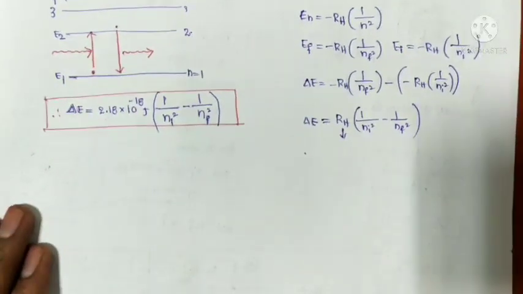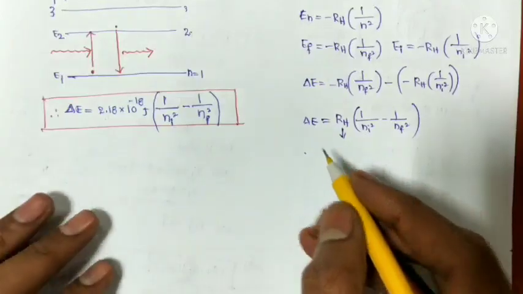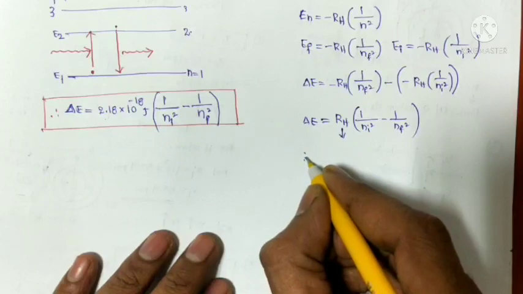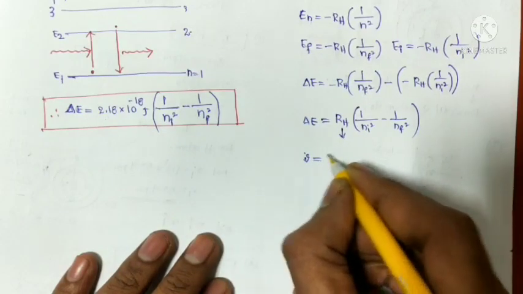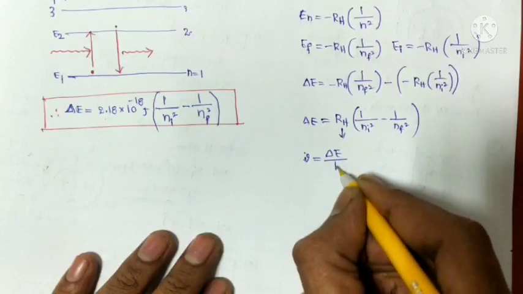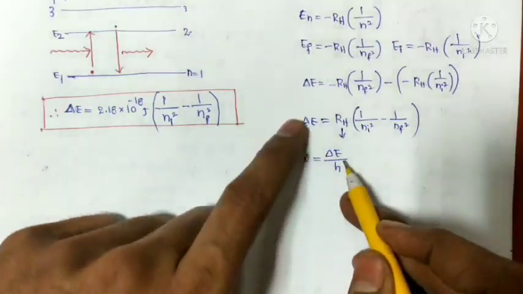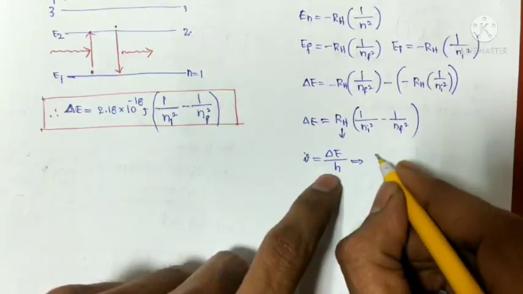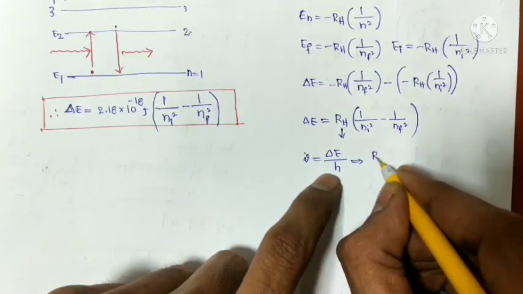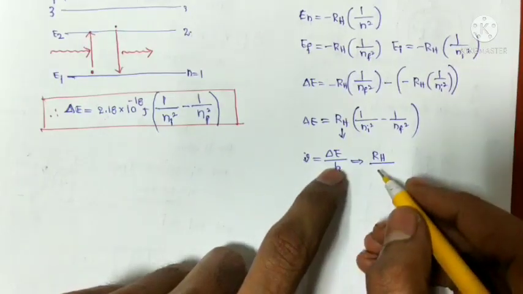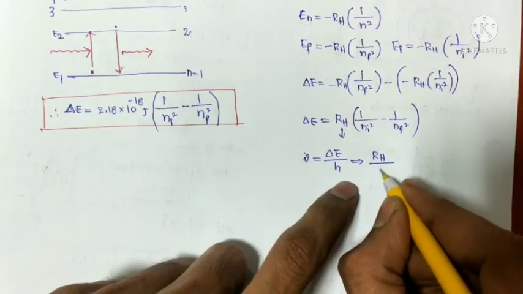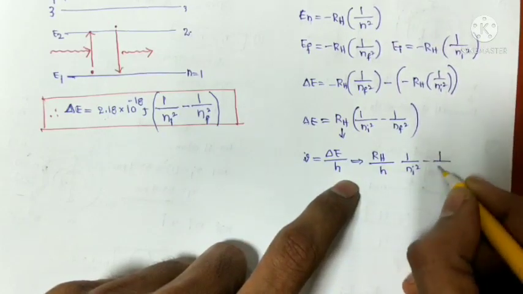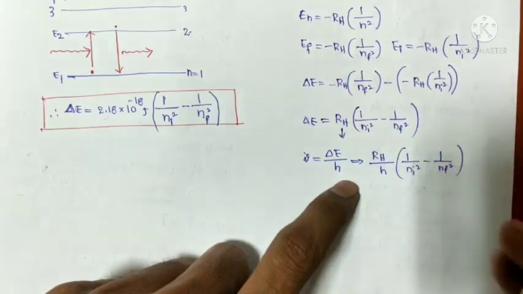Next, he derived the frequency of the radiation. From this equation we calculate the frequency of the radiation, nu equals delta E by h, where h is the Planck constant. Delta E already exists, so nu equals RH by h into 1 by ni square minus 1 by nf square.